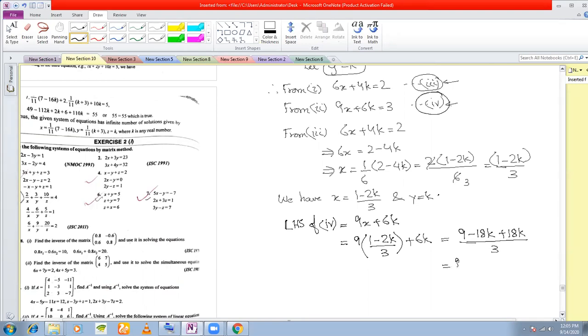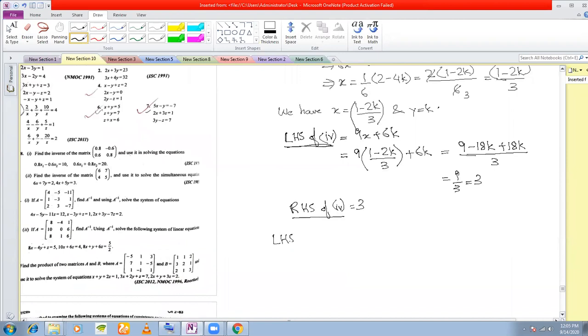So you get 9 by 3, which is equal to 3. And what is the RHS of 4? RHS of 4 is 3 only. So what do we see? When we put x is equal to 1 minus 2k by 3, we get LHS of 4 is equal to RHS of 4.